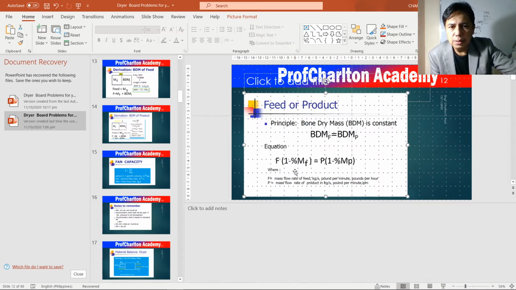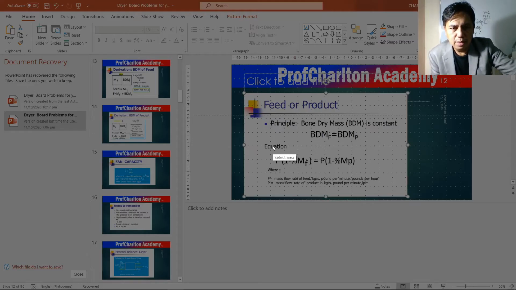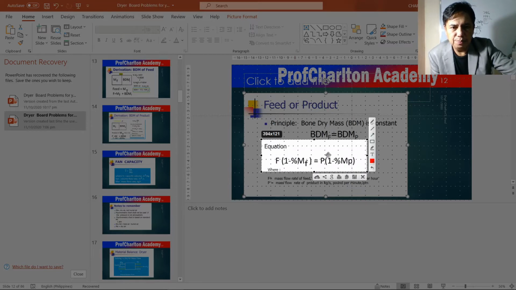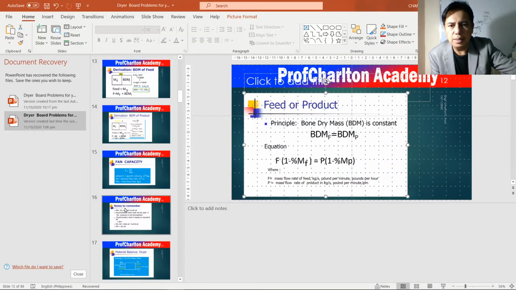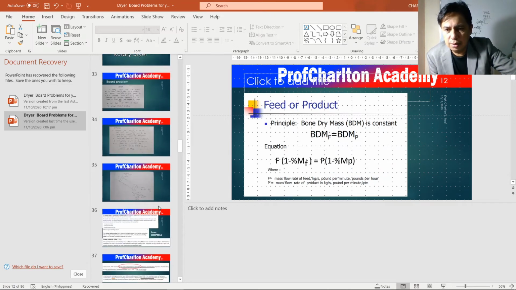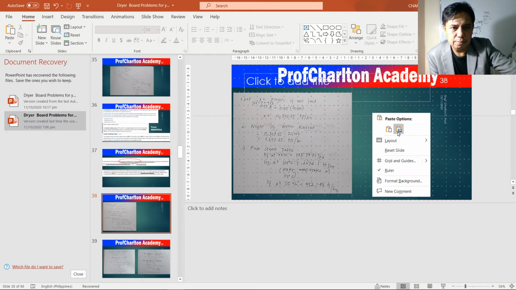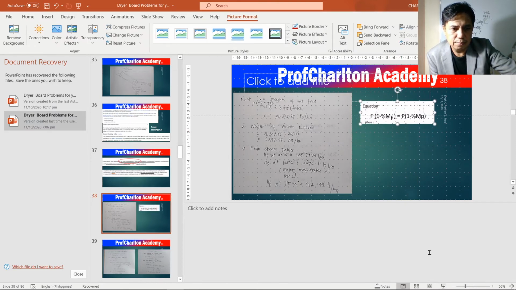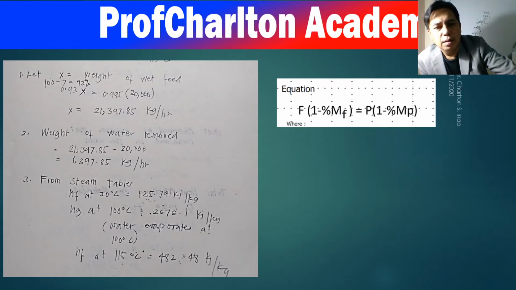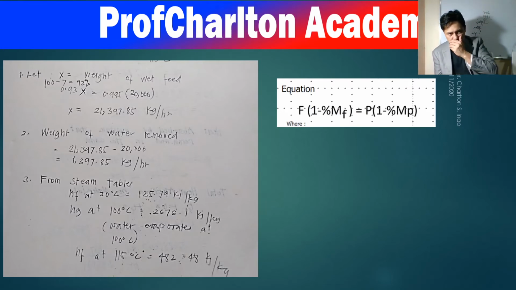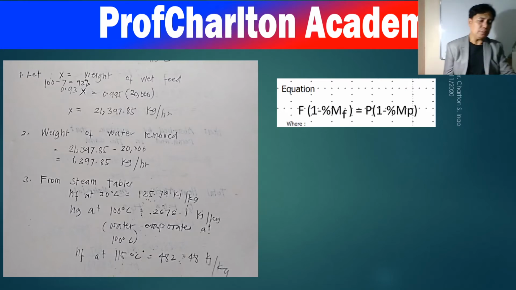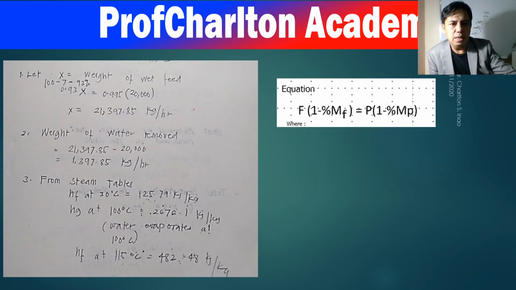So we have an equation here. Let me just get the equation here and paste it on the other side, and put that in the full presentation. There we go. So the governing equation is this, and what is this all about?